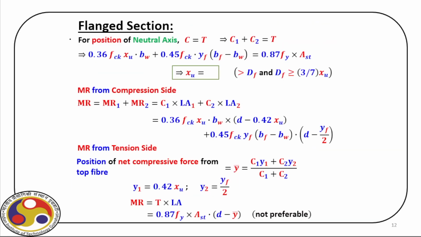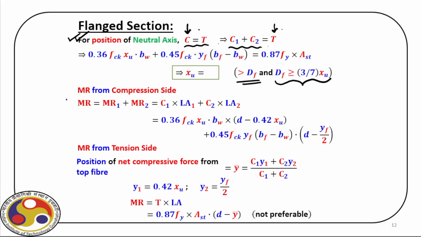Again, we first check the location of the neutral axis. For that, we balance C with T, and as usual, there are C1 and C2 in C, and effectively we balance it with T, and then we figure out what is the XU. It must be greater than DF, otherwise we have to revisit the problem. And for this case, we also have DF greater than 3/7 XU.